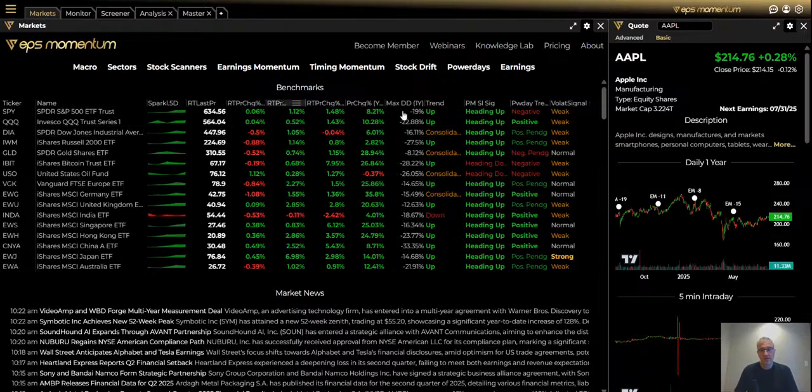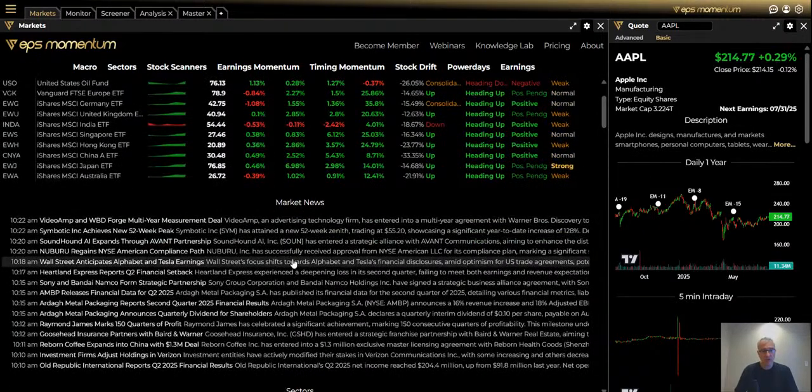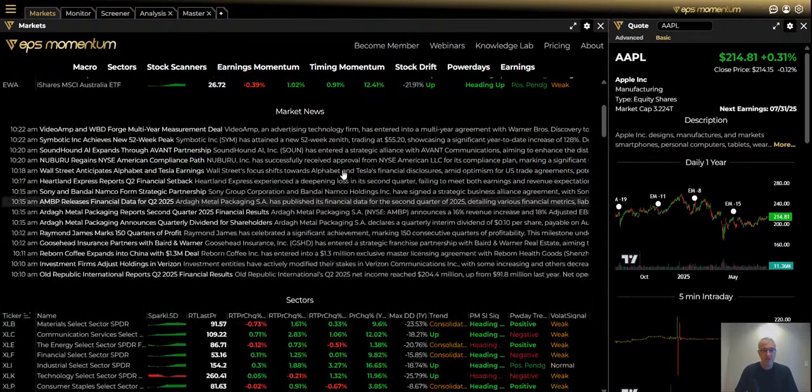So very quickly I can see which index is up or down or heading up or down and so on. We have market news quickly, just to give you a rough idea of what's happening right now. So that's pretty self-explanatory. We have much more refined news tags on the news panel. So you'll see it's very powerful.